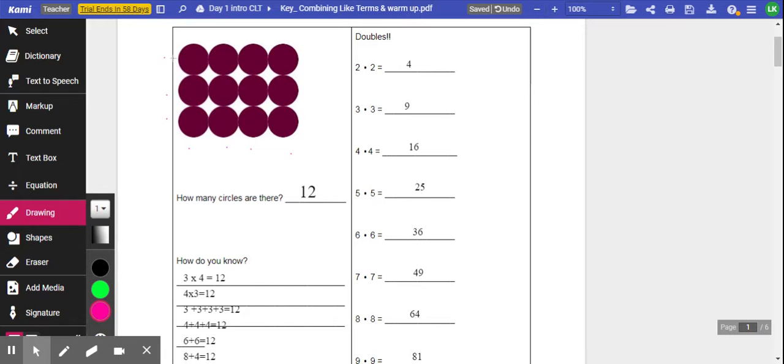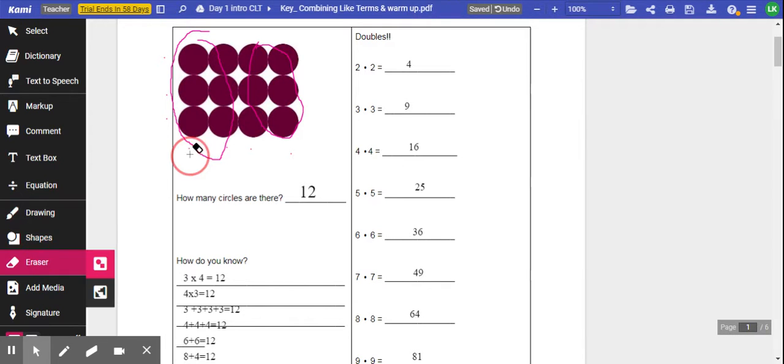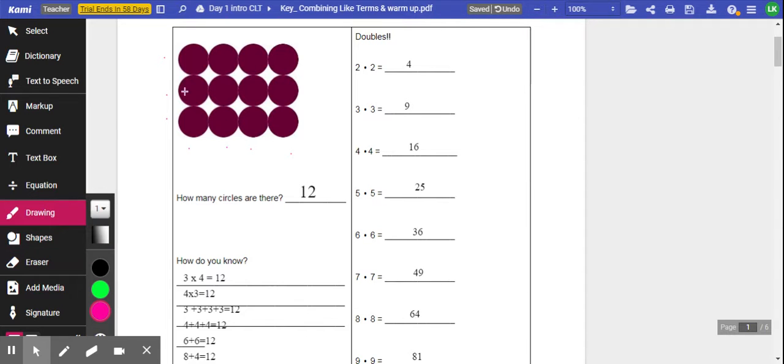You could also do 6 plus 6. You could do 8 plus 4.